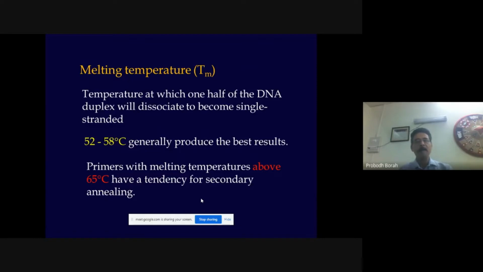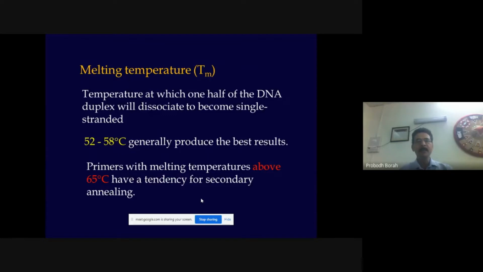So that is why the minimum temperature at which half of the duplexes get dissociated is considered as TM value, or melting temperature, and that is very important. More the melting temperature, more will be the stability of the duplex.